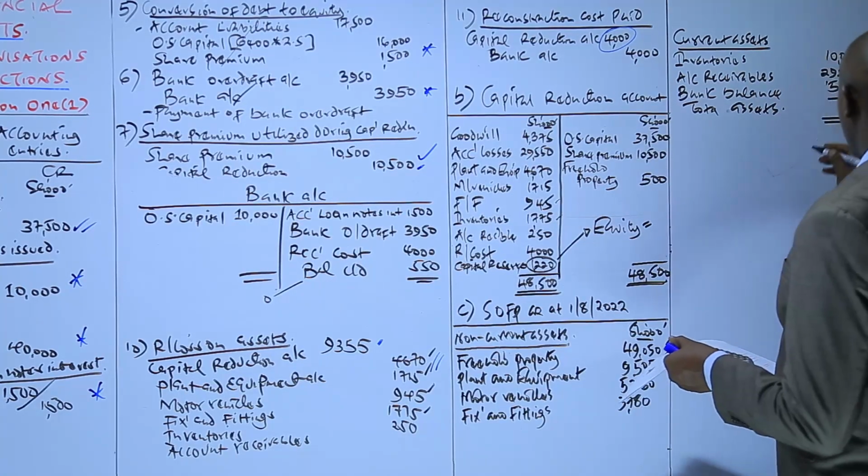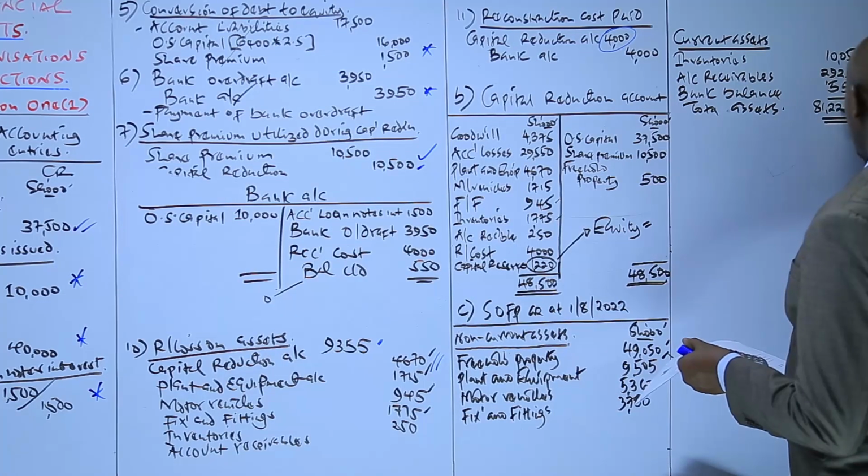That will give us a total asset of 81,220.